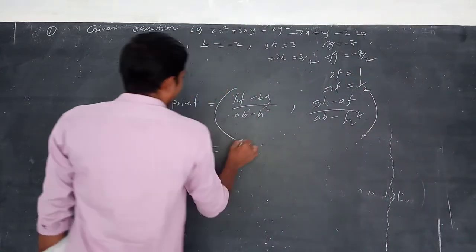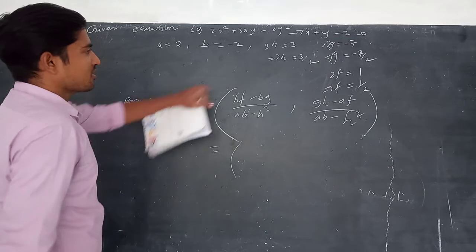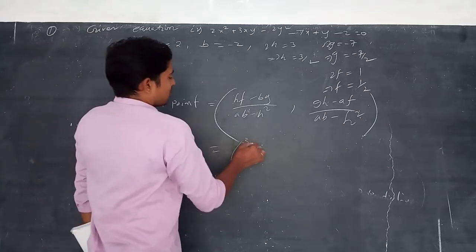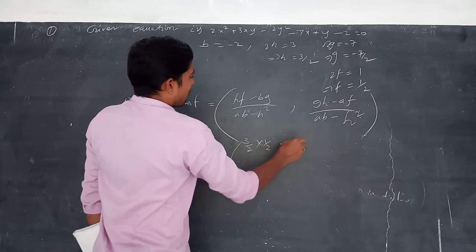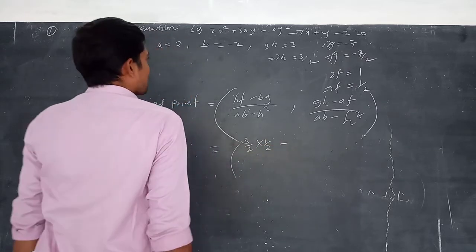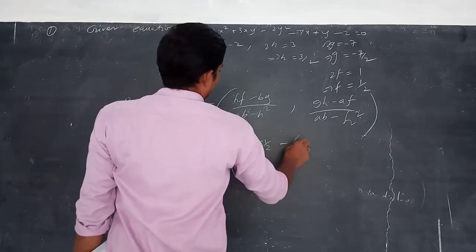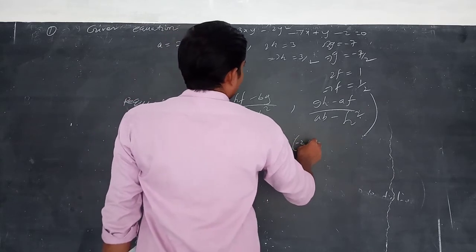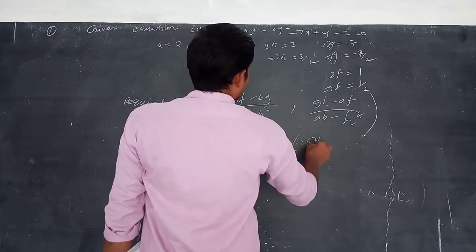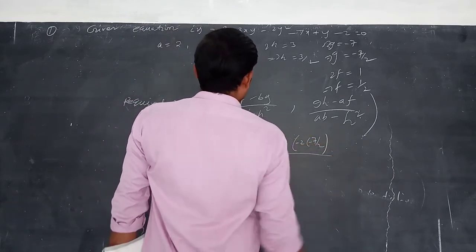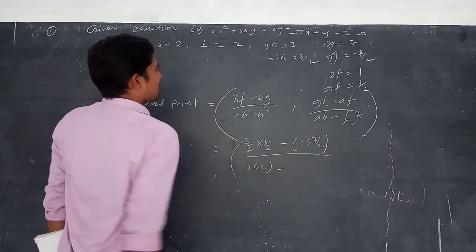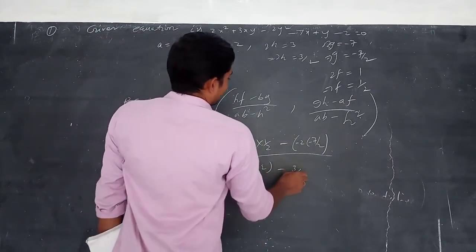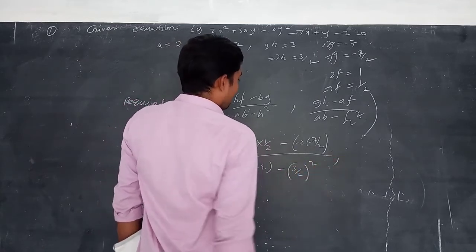See, substitute the values here. What is h here? 3 by 2, f is 1 by 2, minus b g. What is b here? Minus 2. What is g here? Minus 7 by 2. Clear? ab is 2 into minus 2, minus h square, 3 by 2 whole square.